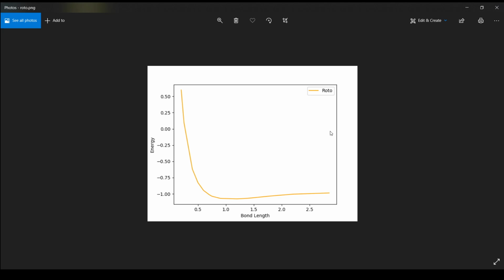And so this is a single parameter. I didn't have the ability to do more complex ones. I'm still trying to find more information on how to do something like lithium hydride, which is a common VQE.